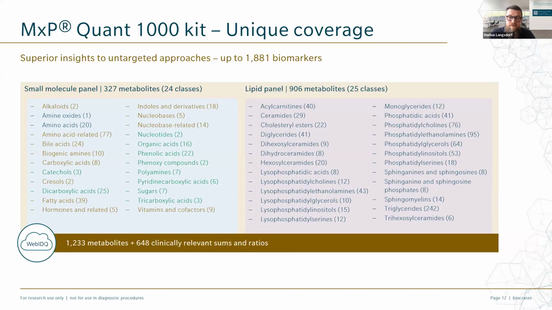In other words, the comprehensive panel of Quant 1000 can offer actionable, equivalent, or even higher coverage than is usually reported by untargeted methods. And this is our value proposition. The targeted quantitative method of Quant 1000 gives a higher level of information by focusing on defined metabolites relevant to biochemical pathways.